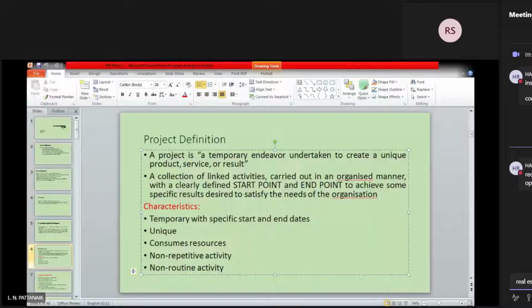Okay. Suppose someone is writing that reducing the cost of certain operations is a result. Of course, it may not be the best example, but maybe suppose somebody has started a project in that company because the cost of some operations is very high.